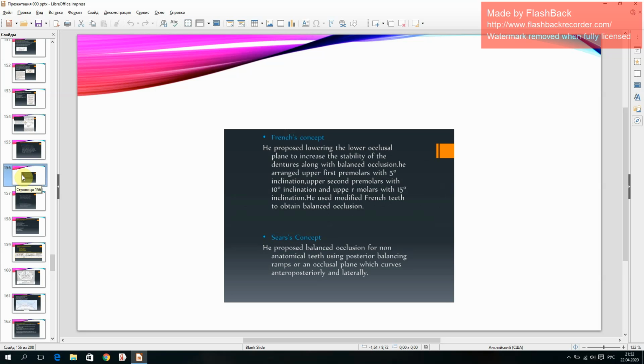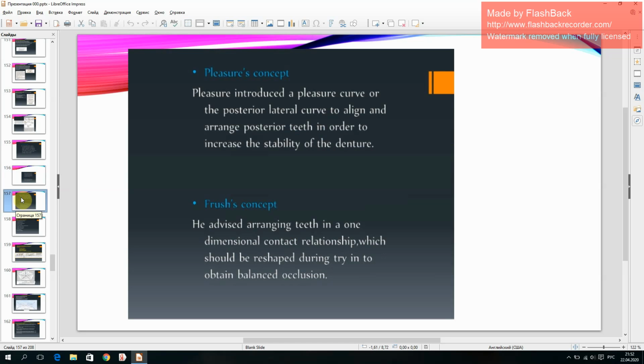Then the French concept and the Swiss concept, and other concepts.